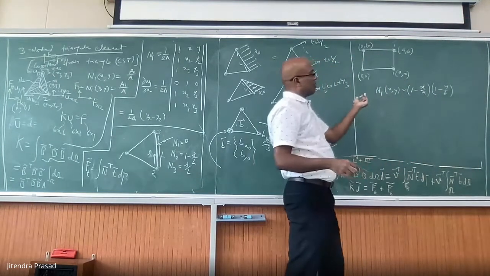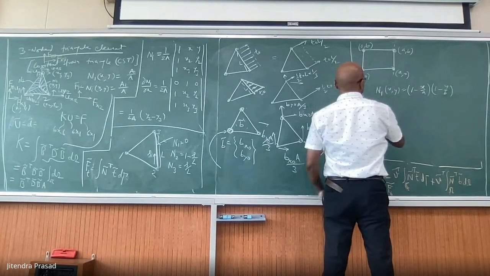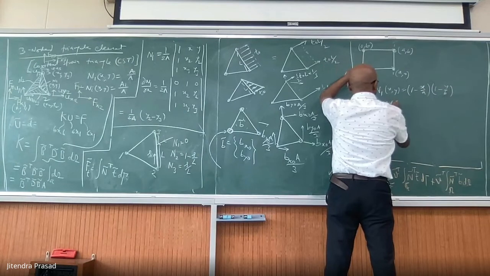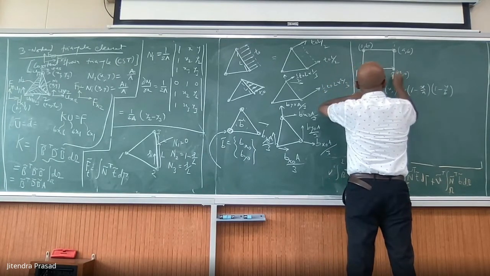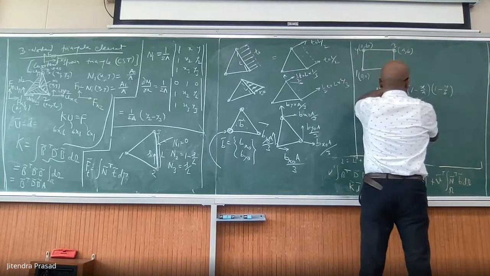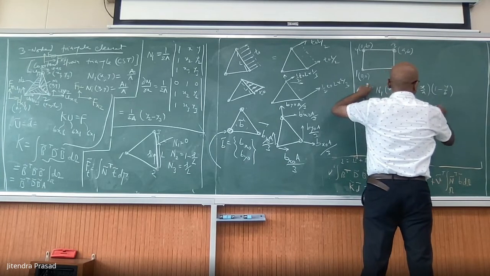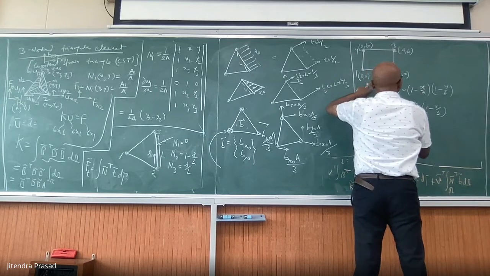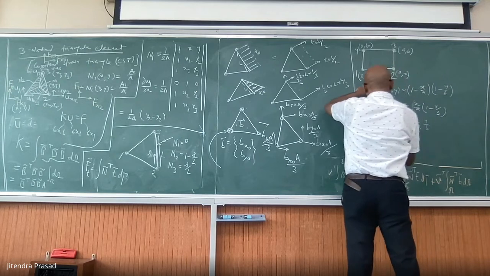In one of the lectures earlier, I will point out probably later. So you write like this, then N2(x,y) will be equal to, here this is 1, this is 2, this is 3, this is 4, x over a times 1 minus y over b. N3(x,y) is equal to x over a times y over b.